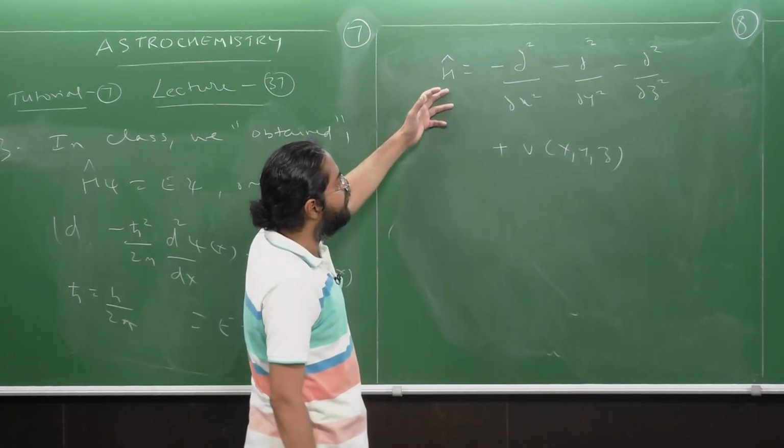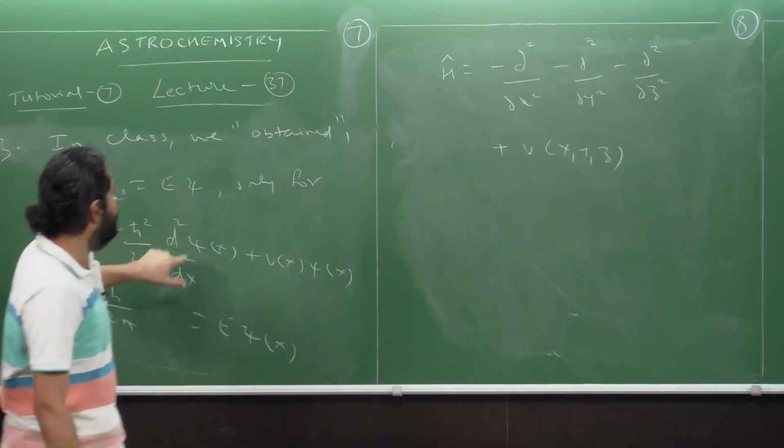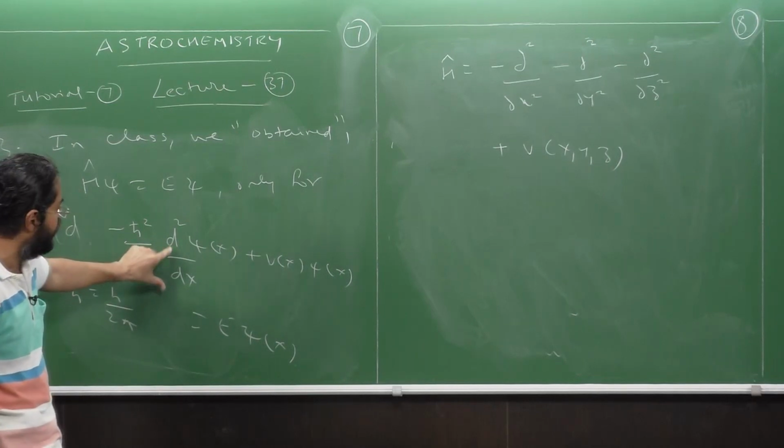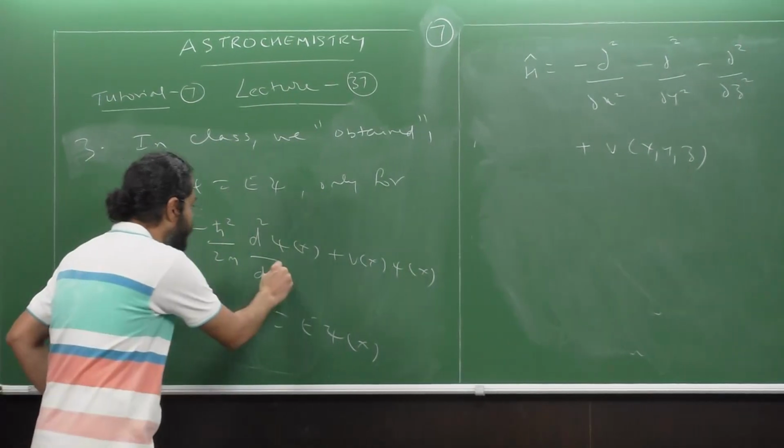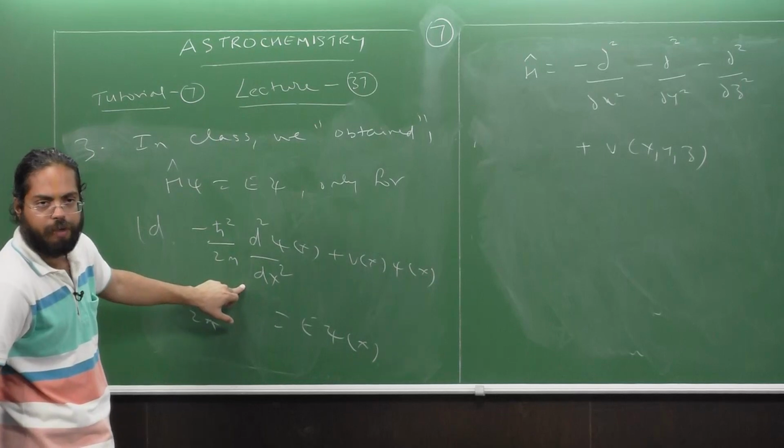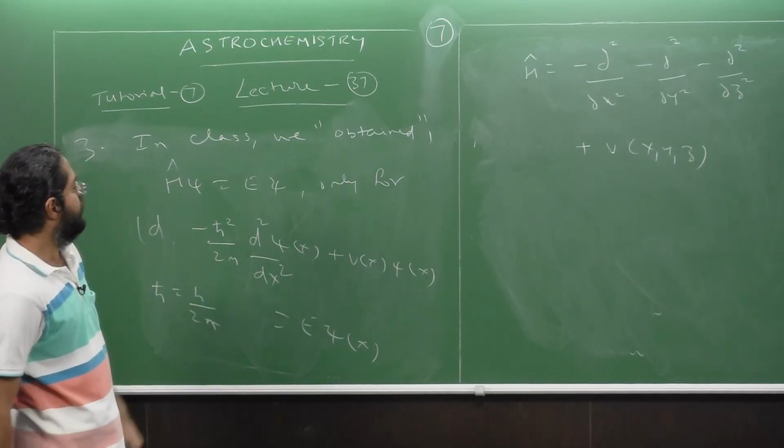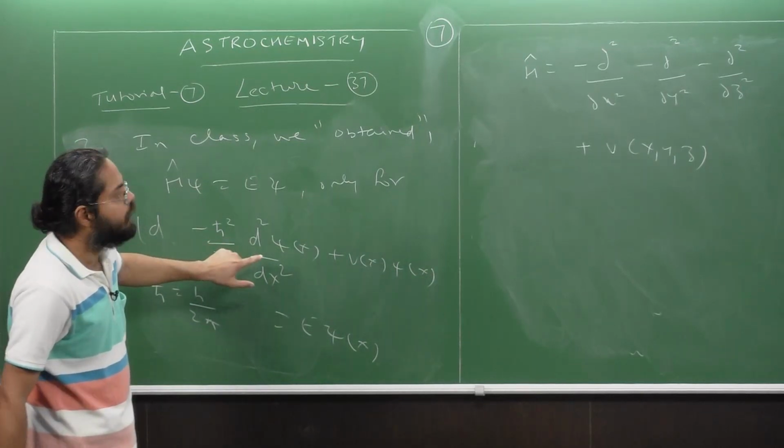This is going to be your Hamiltonian. Now, what was an ordinary differential term here, that is d square by dx square. Sorry, the 2 was missing over here. Please correct it.